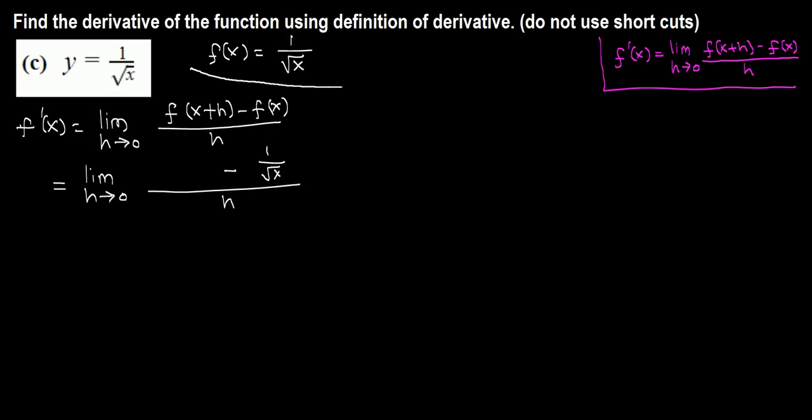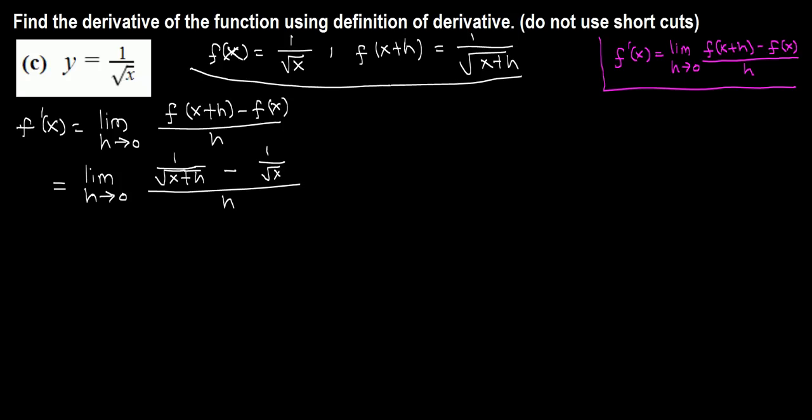So we need to find f(x plus h). Look, f of input is equal to 1 over square root of input. That means what is f(x plus h)? Using that rule, it should be 1 over square root of the input, which is x plus h. So f(x plus h) is 1 over square root of x plus h.